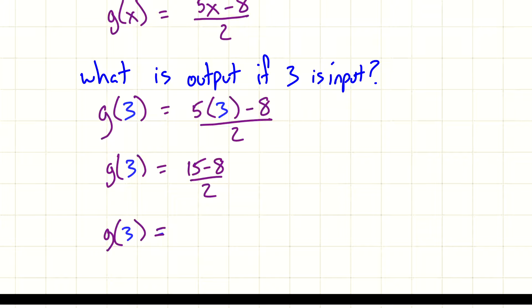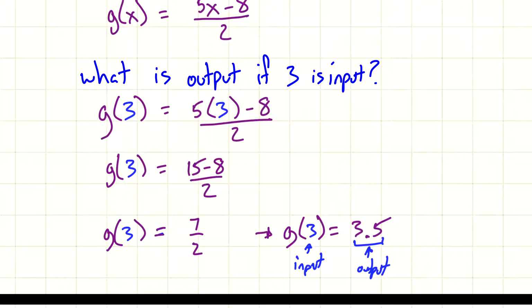So this is going to be 7 divided by 2. All right, so that means that our g of 3, when we plug in a 3, we're going to end up with 3.5. So keep in mind this 3 is our input, and this 3.5 is our output.